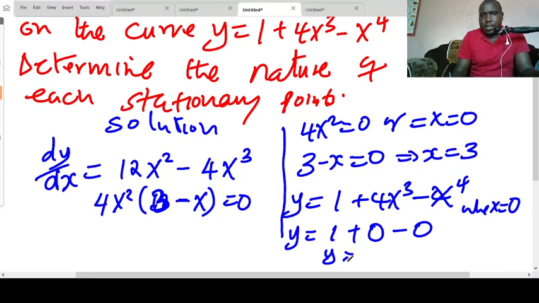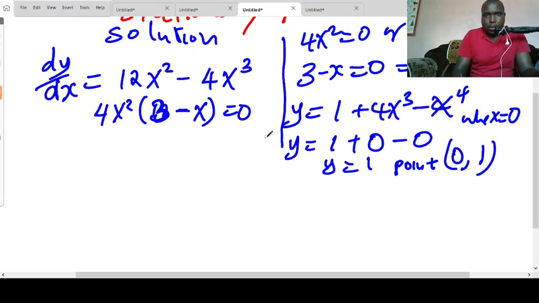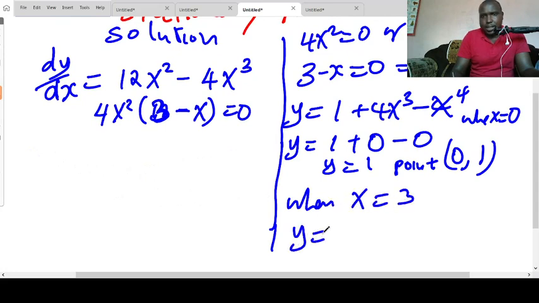So y will be 1. So the point is (0, 1). Next, when x is equal to 3, so y will be what? It will be 1 plus 4 into 3 cubed minus 3 raised to power 4.